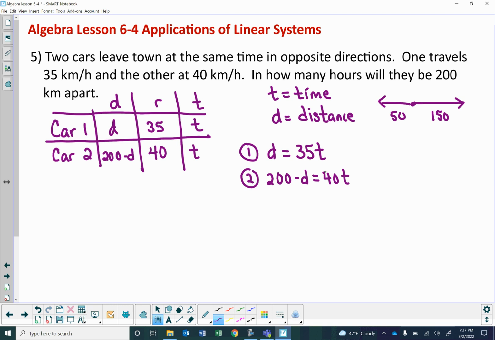So there's my two equations. The first equation is already solved for d, so I'm thinking that substitution would be really simple here. So I'm going to substitute in 35t every time I see a d in equation number 2. So I have 200 minus 35t equals 40t.